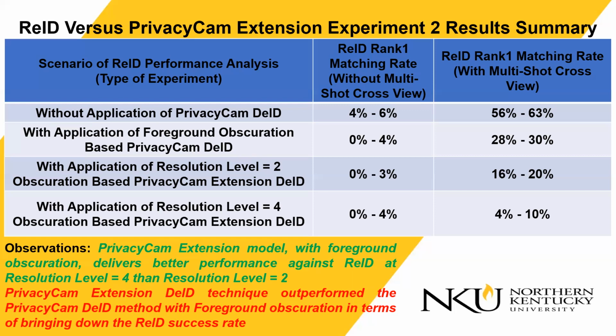And what is also interesting within the privacy cam extension model is that the version at resolution level 2 is again less effective comparatively to resolution level 4. And for the first time, compared to the first experiment, we notice a significant drop in the ReID performance, the ReID success rate. Again, that is the ReID rank 1 matching rate over here.